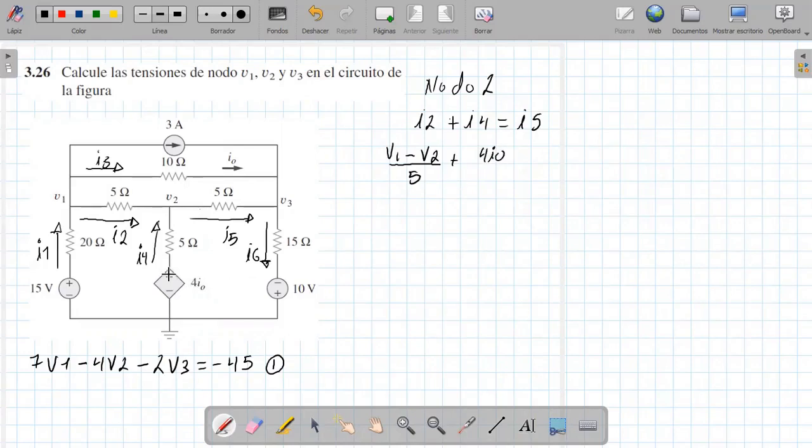This continues to be a source of tension. No? Here is the symbol for current, a source of voltage. We have to treat it as a voltage source minus V2 over 5. This is going to be equal to the current in the 5, which is V2 minus V3 over 5 ohms.